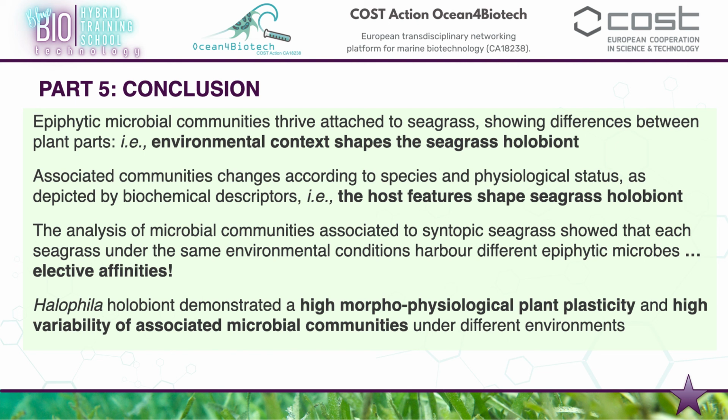Actually, associated communities change according to species and plant physiological status, indicating that the host feature can shape the seagrass holobiont. The analysis of the microbial communities show that each seagrass under the same environmental condition can choose their microbes, so something like an elective affinity.